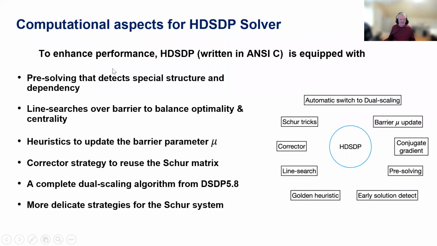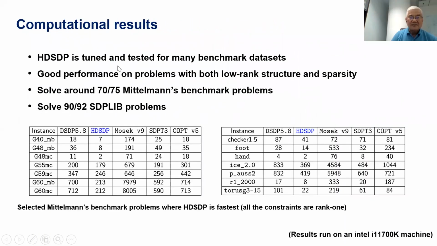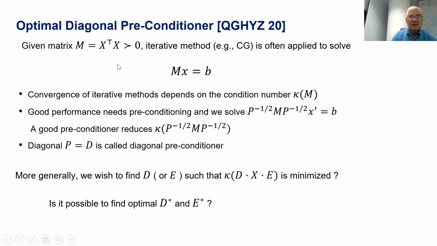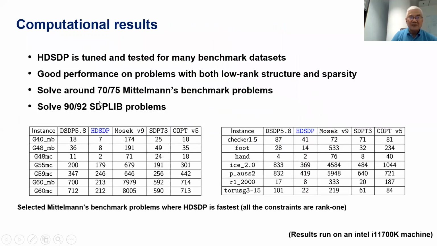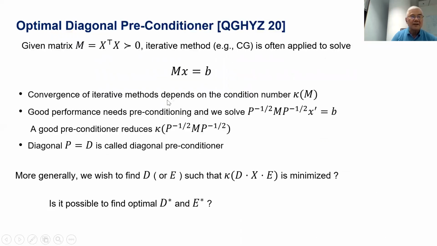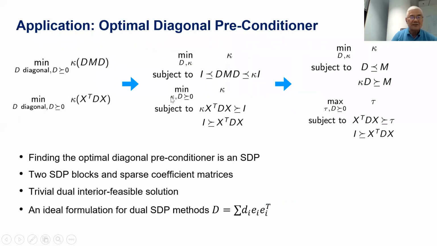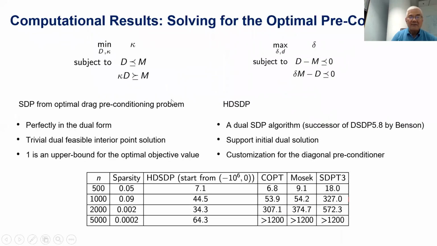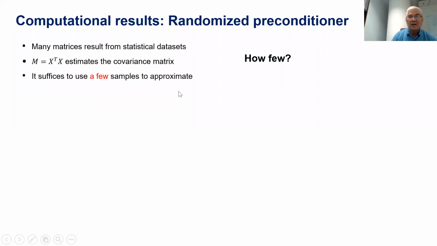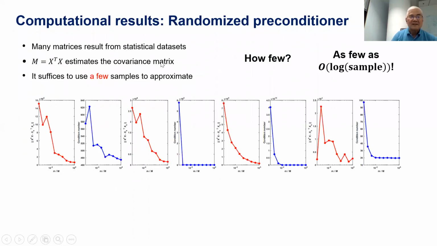For this picture, all these data matrices actually have a large number of rows, much larger than the number of columns.